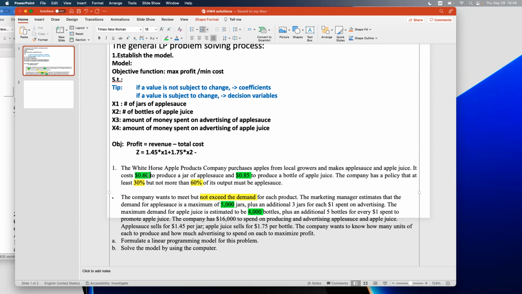Basically, it tells you if you want to produce 1 unit, a jar of applesauce, it costs you 60 cents. So that's your unit cost. And 85 cents is the cost for each bottle of apple juice. So that's the production cost.